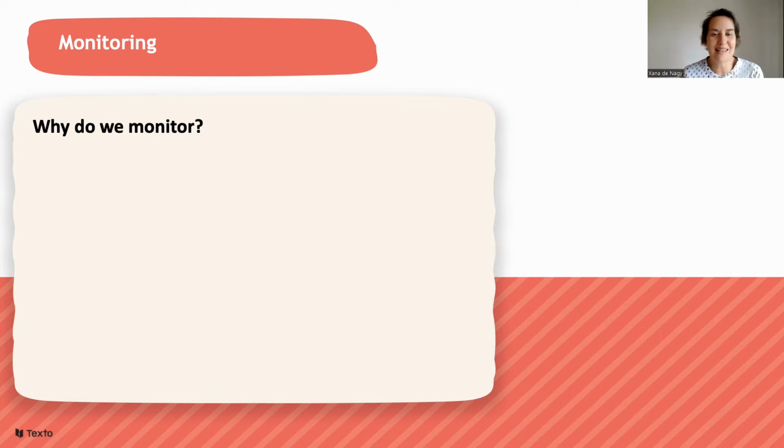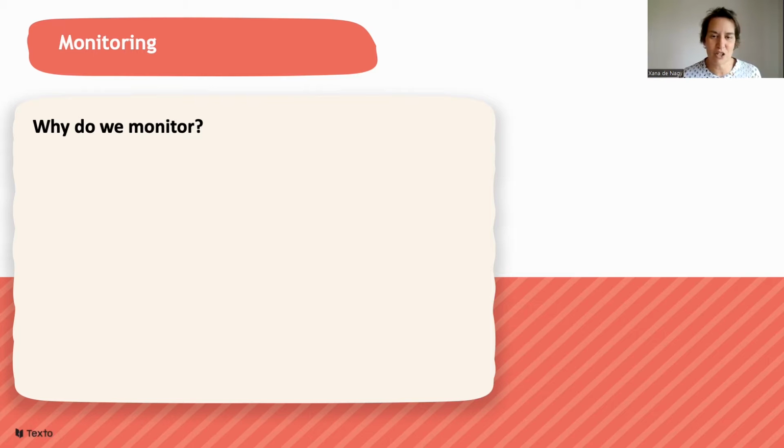In fact, I would say this is probably the most important thing because, if we have a class of 25 or 30 students, how are we going to know how the children are doing the activity if we don't monitor? There are many different ways of monitoring and different things that we can learn from monitoring.